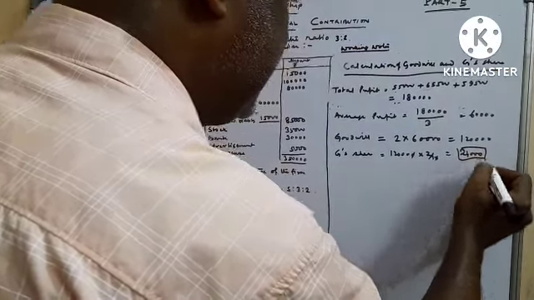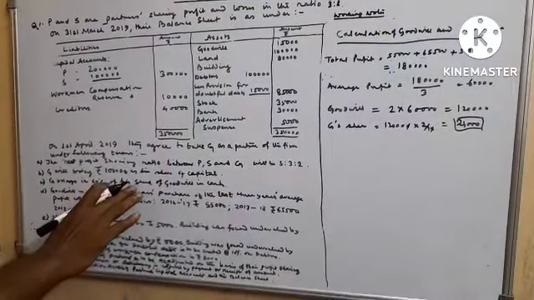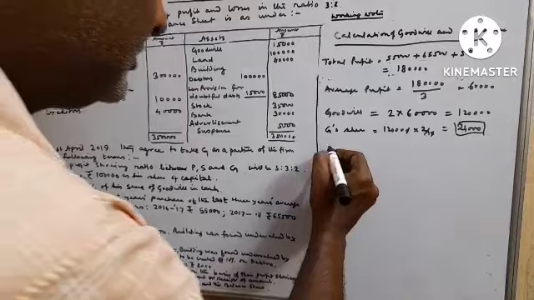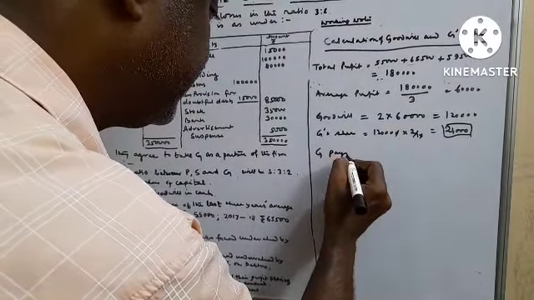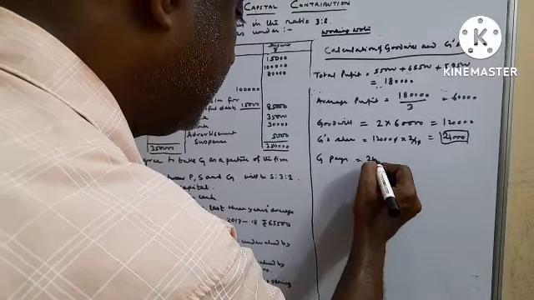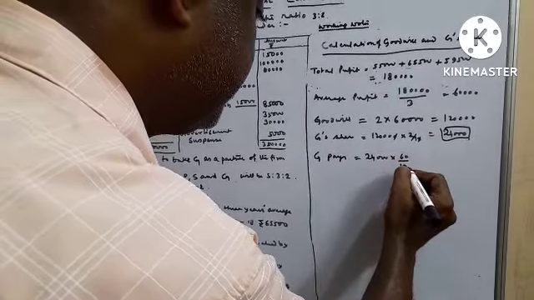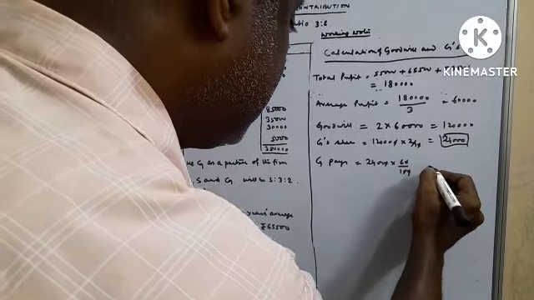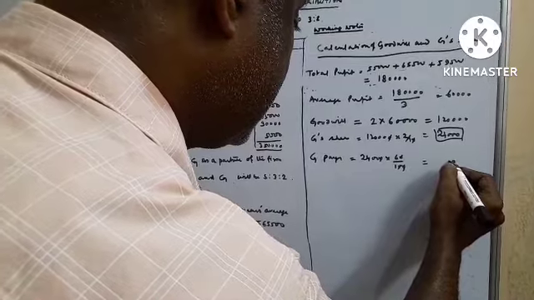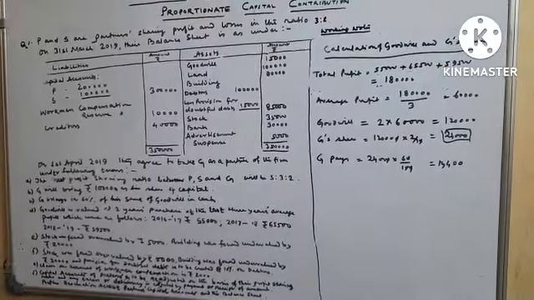This is the premium money G has to pay, but G brings how much? 60% of his share of goodwill in cash. G pays 24,000 into 60%, 14,400.